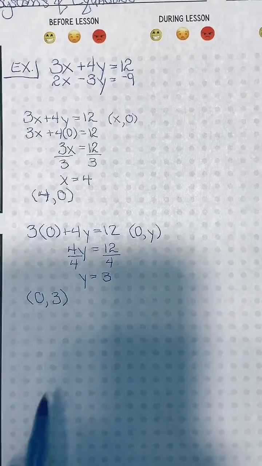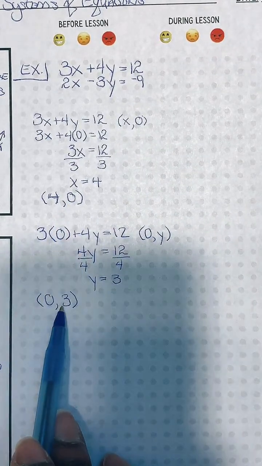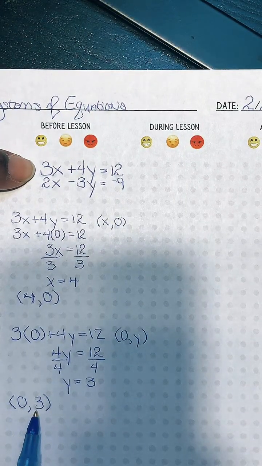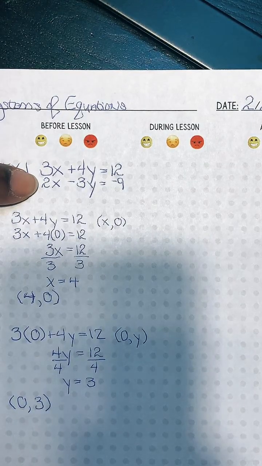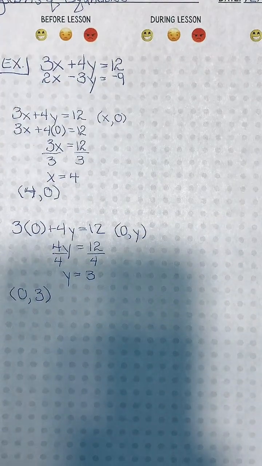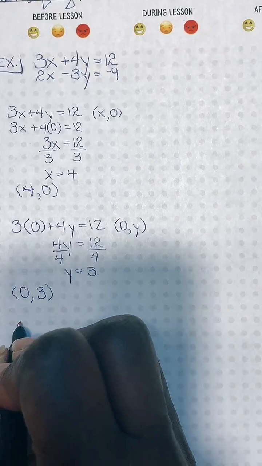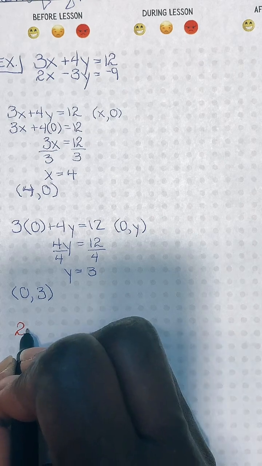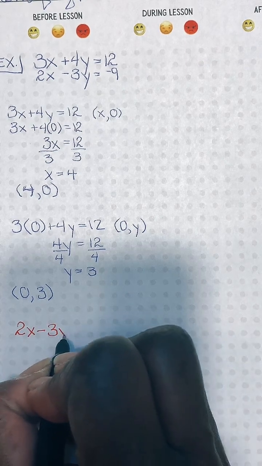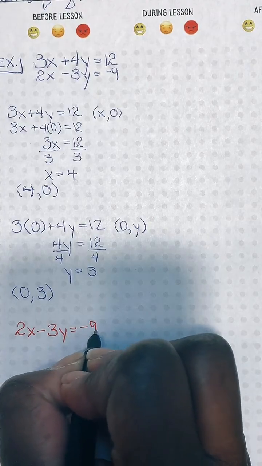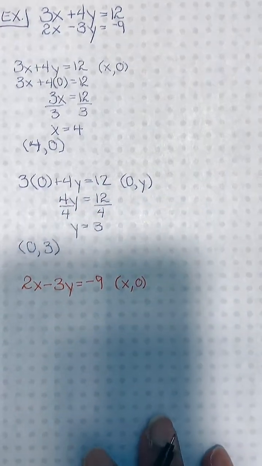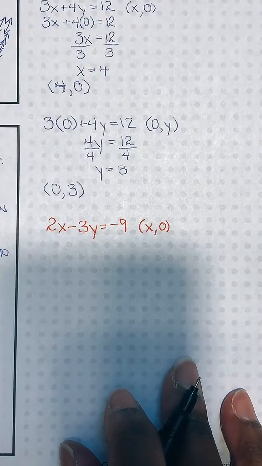Okay. So now we have the coordinates to help us graph that first equation, 3x plus 4y equals 12. Now we're going to do the same thing for the second equation. I'm going to change colors so we know the difference of the two. We have 2x minus 3y is equal to -9. If we want to find the x-intercept, that means we're making our y value equal to 0.